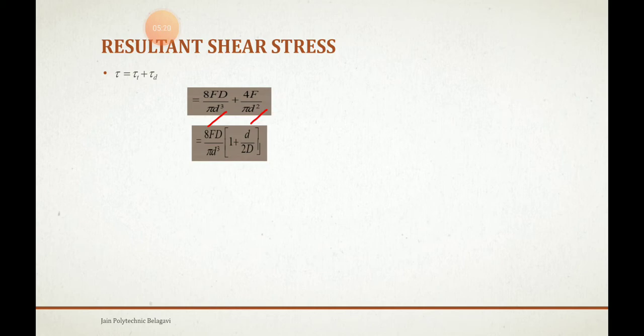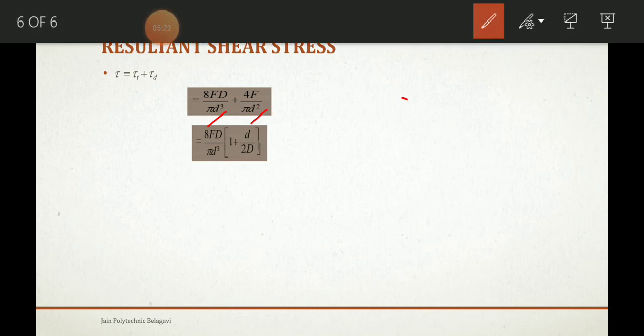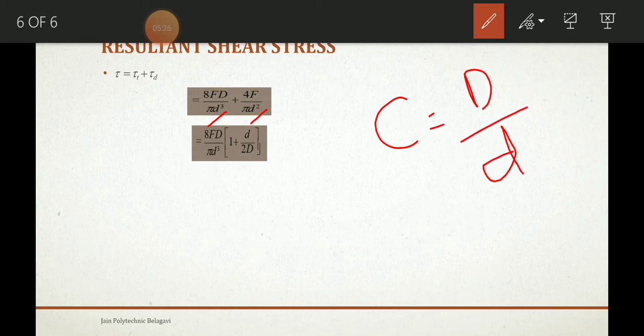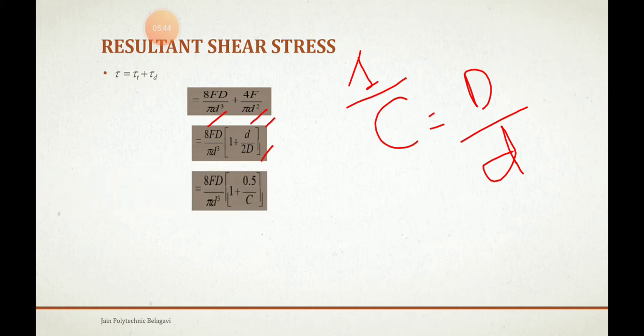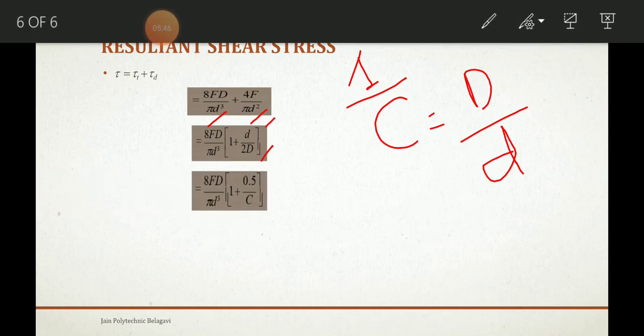Okay, and we know that C equal to capital D divided by small d, which is nothing but the spring index. But we are having small d by capital D, so instead of C, we will replace it by 1 by C. So what will remain is 8FD by pi d cube as it is, 1 as it is.